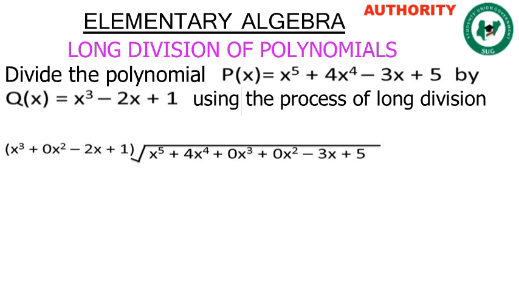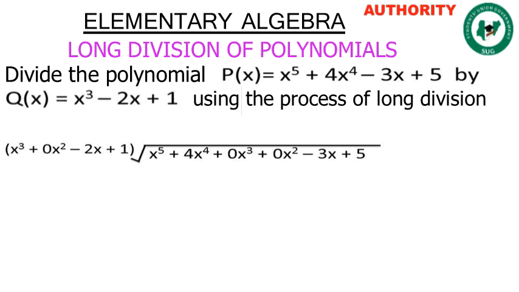When we are writing, we are going to replace those missing terms with 0x raised to power 3 and 0x raised to power 2, because 0x raised to power 3 is the same as it is missing. Okay, sure you understand, right? Also in our divisor, x squared is missing, so we are going to replace it with 0x squared. When you write 0x squared, it is the same as it is missing.